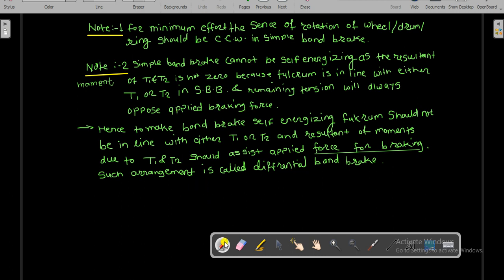Let us say here is the drum and these are T1 and T2, and here is the fulcrum and this is our lever. This portion is becoming 0 because its distance from the fulcrum is 0.